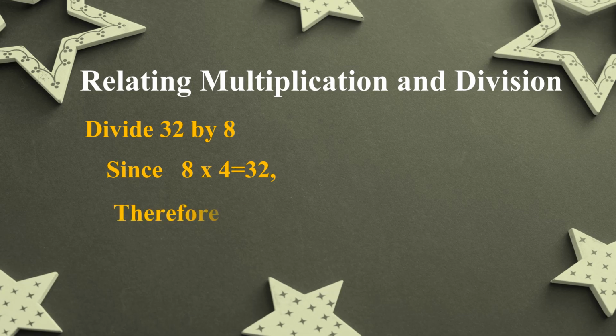We can write 32 divided by 8 equal to 4 and 32 divided by 4 is equal to 8. So the division facts are 32 divided by 8 equal to 4 and 32 divided by 4 is equal to 8. Multiplication: 8 4s are 32 or 4 8s are 32.